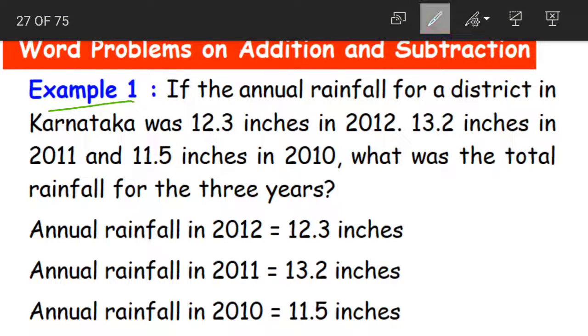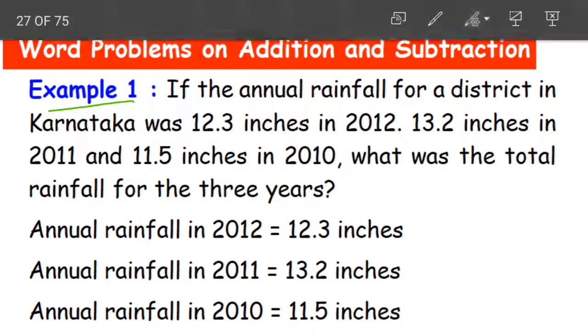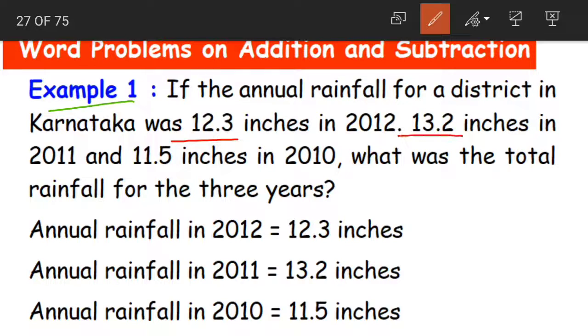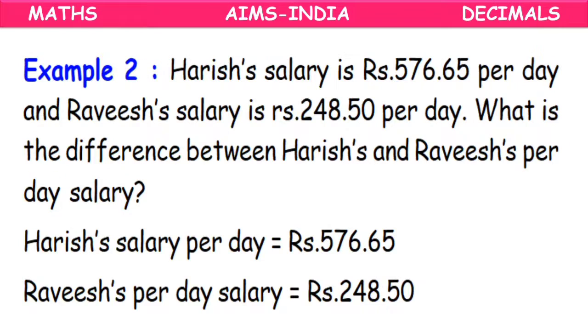If you look at example 1 here, if the annual rainfall for a district in Karnataka was 12.3 inches in 2012, 13.2 inches in 2011 and 11.5 inches in 2010, what was the total rainfall for 3 years? What are they saying? A very simple question, right? The rainfall in 3 years is given. We have to find out the total rainfall. How will we do that? We will add them together.